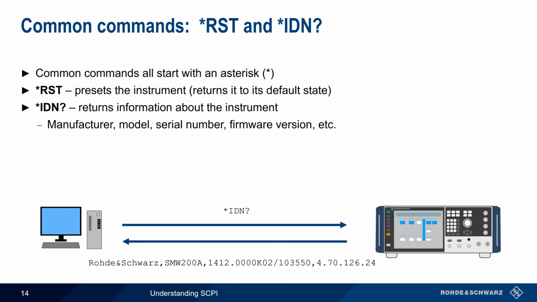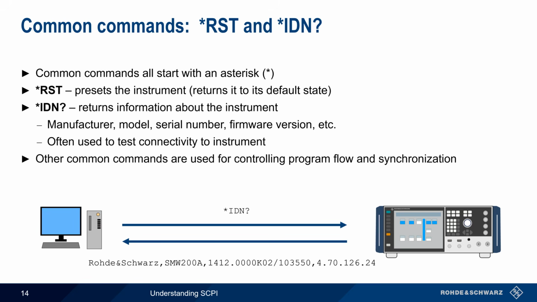This information typically includes the manufacturer name, instrument model, serial number, firmware version, etc. *IDN? can be used to test connectivity to an instrument and/or to ensure that the automation environment has been correctly configured and installed. Most of the other common commands are used for controlling program flow and command response synchronization, and some of these will be discussed a bit later in this presentation.